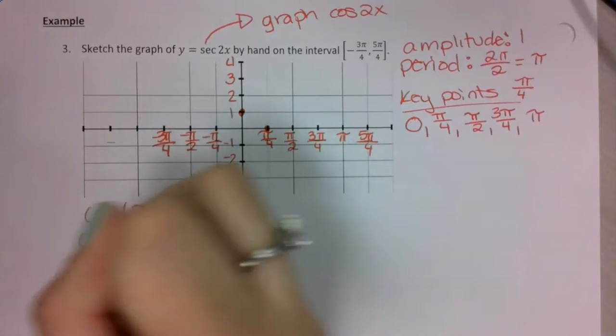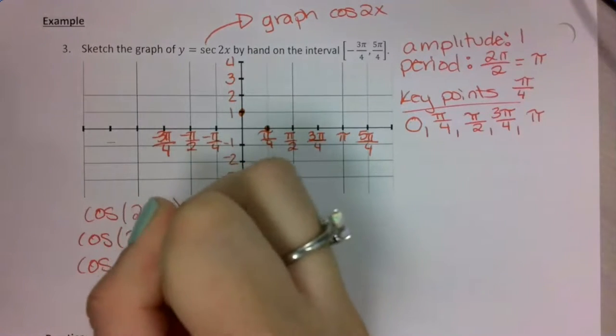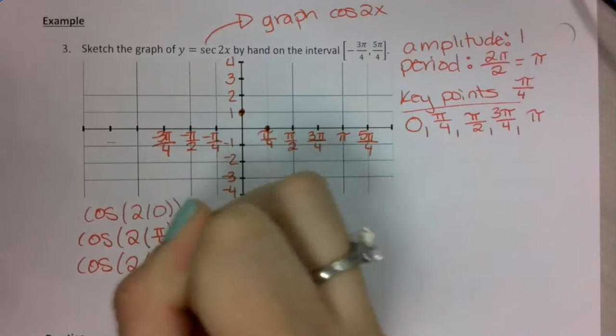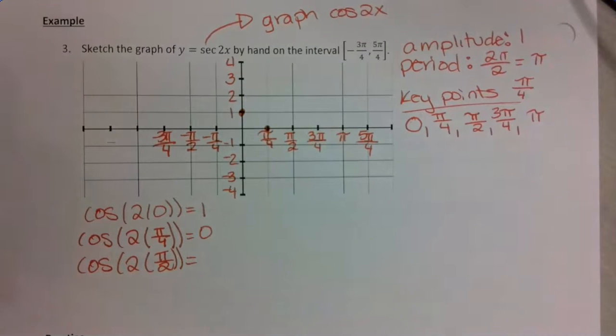Then I'm going to do the same thing for pi halves. What do I get when I type in pi halves? -1.